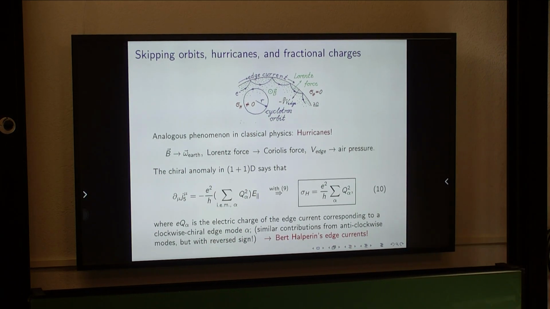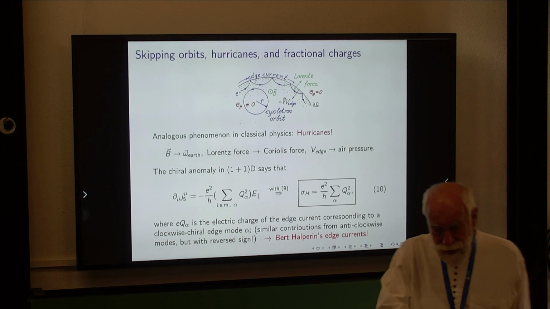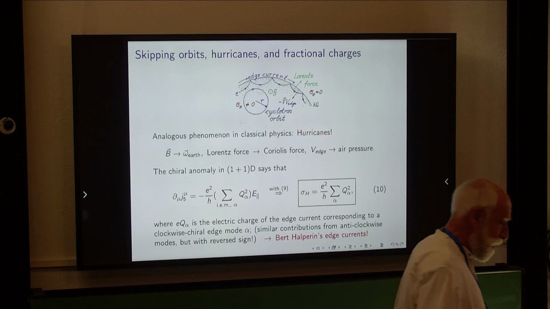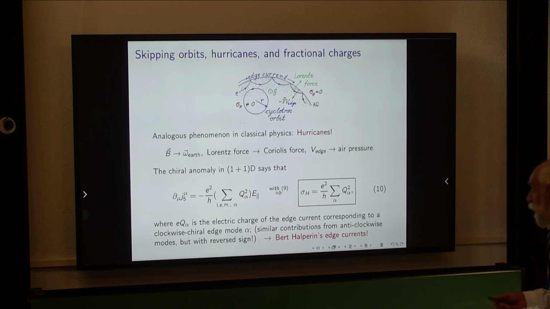Because of what we heard yesterday about hydrodynamics and anomalies, it's a nice observation that if you trade the external magnetic field for the angular velocity, or the curl, the vorticity of a velocity field that transforms the whole system into motion, and if you replace the Lorentz force by the Coriolis force and the edge potential either by a low pressure system in the atmosphere or by the coastline, if you look at water waves along the west coast of North America, then you get again a Hall effect.